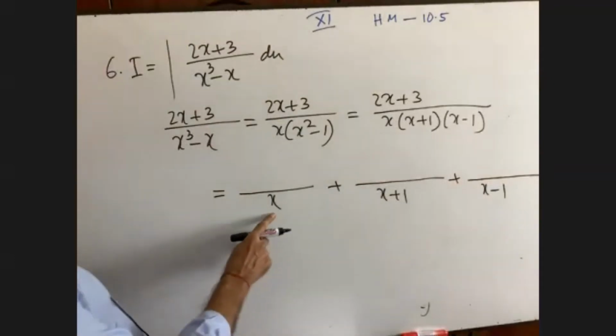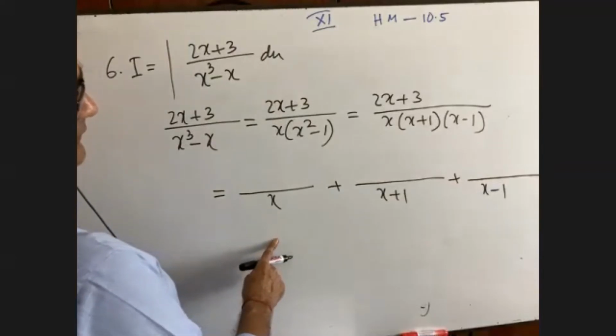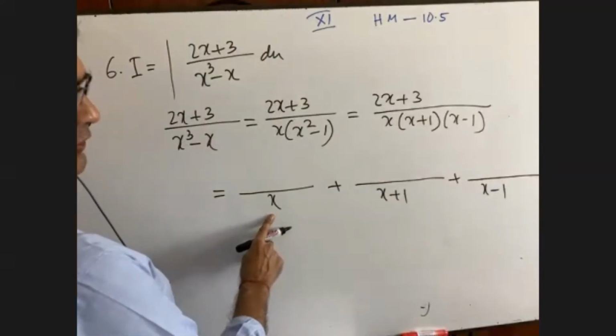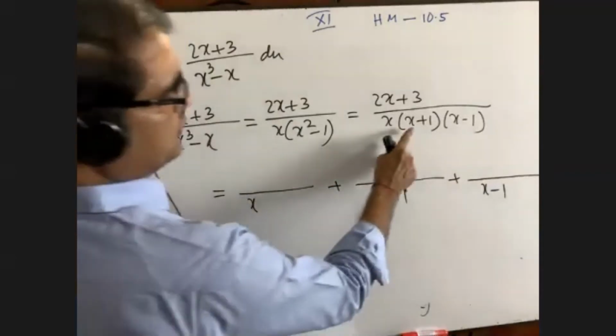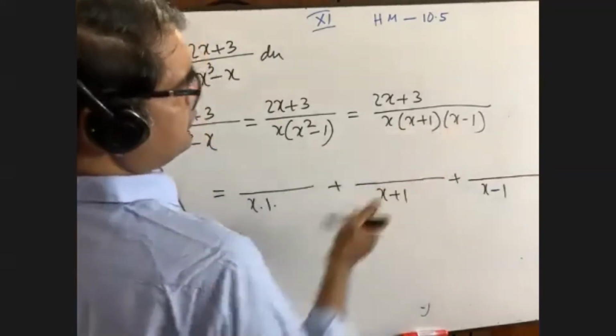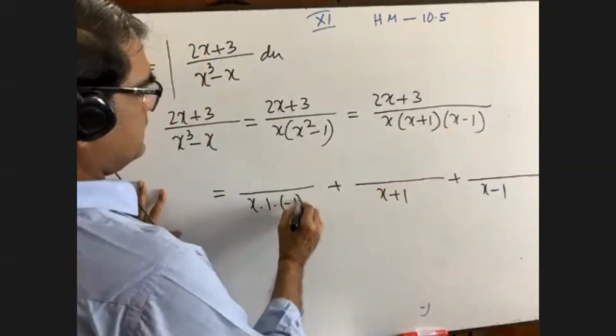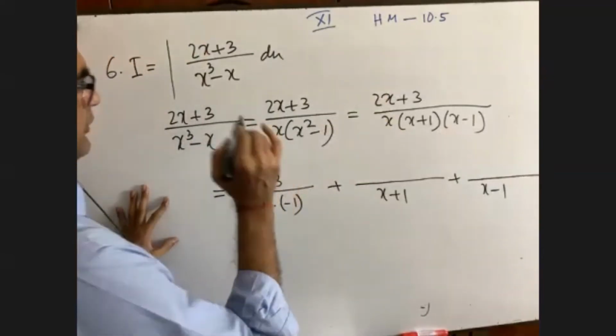Here x means x equals 0. So you put x equals 0, that is into 1, into minus 1, that is 0 plus 3.